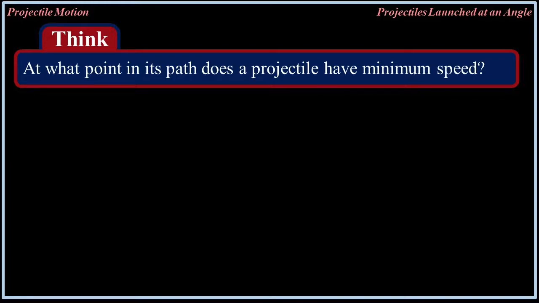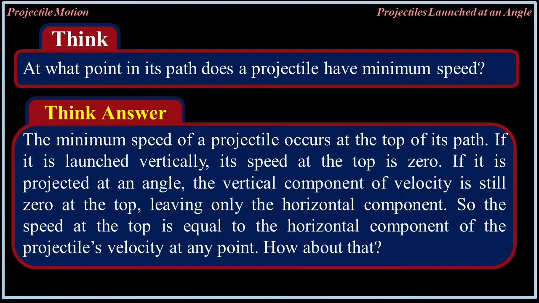Think, at what point in its path does a projectile have minimum speed? Well, the horizontal forces are constant. The minimum speed of a projectile occurs at the top of its path.